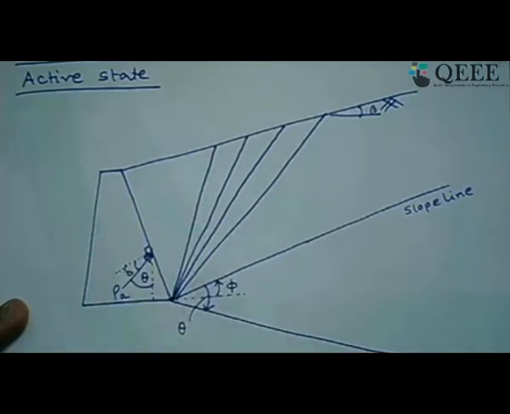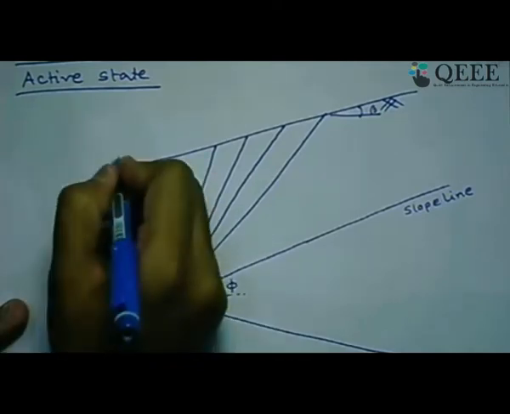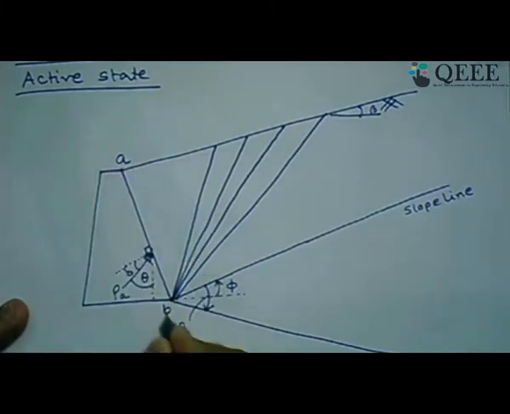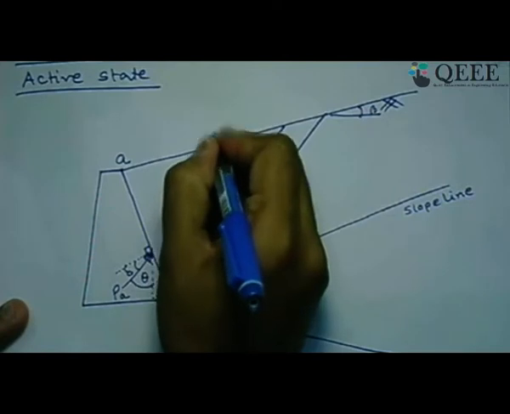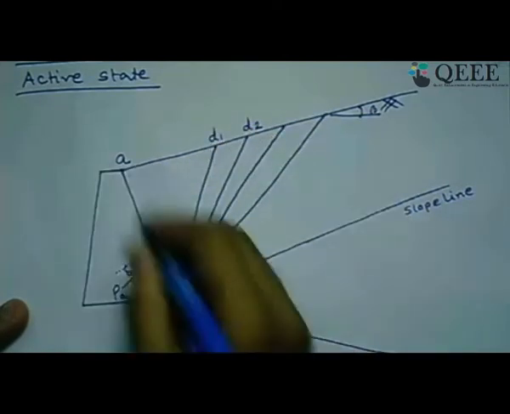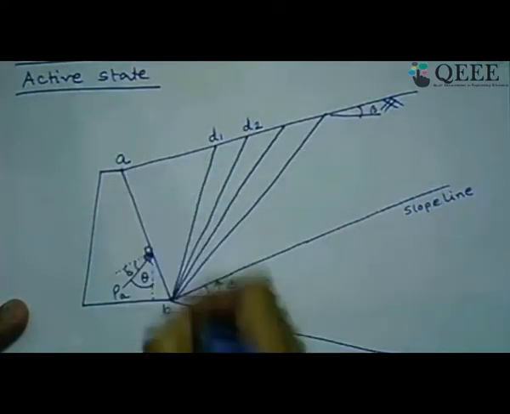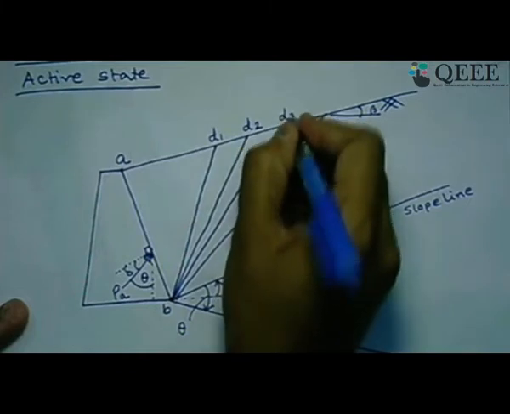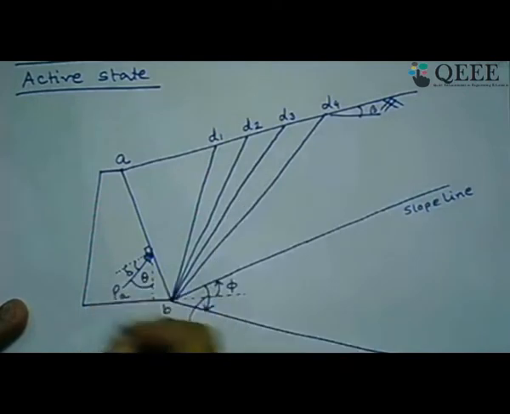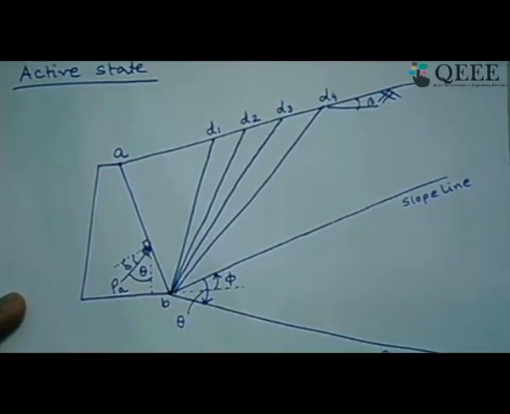If I give nomenclature, this point A, this point B, this point D1, and this is another failure plane D2. So ABD1 is one failure plane, next ABD2 is another, then ABD3 is another, then ABD4 is another. For each of them I have to find out the value of my PA, and then we have to maximize it for the active earth pressure condition.